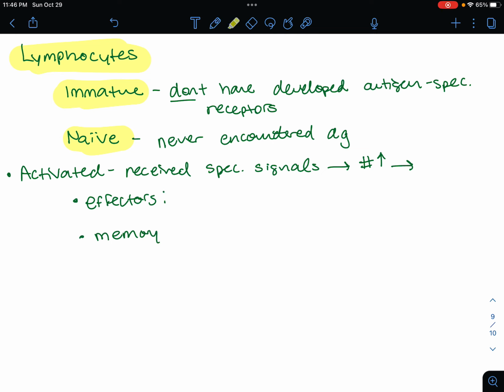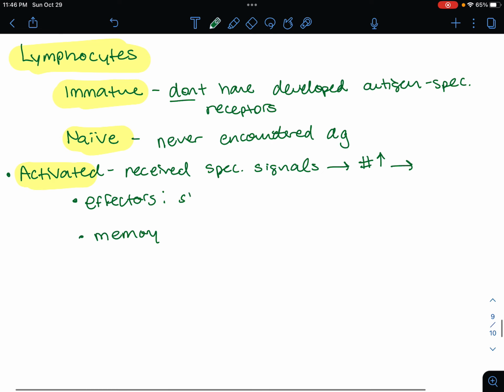Effectors are going to be short-lived and they're going to be the primary response. However, the memory lymphocytes are going to stick around. These are going to be the secondary response. Again, lymphocytes are just another category of white blood cells.